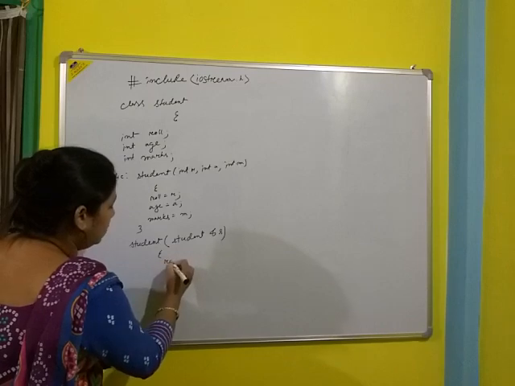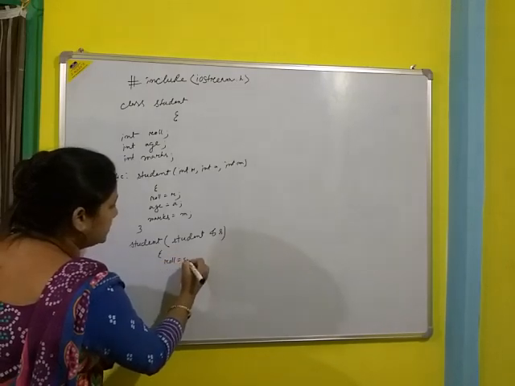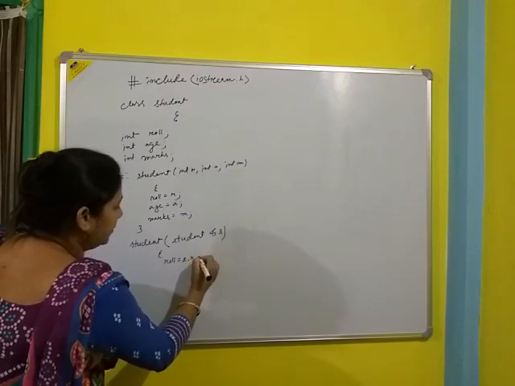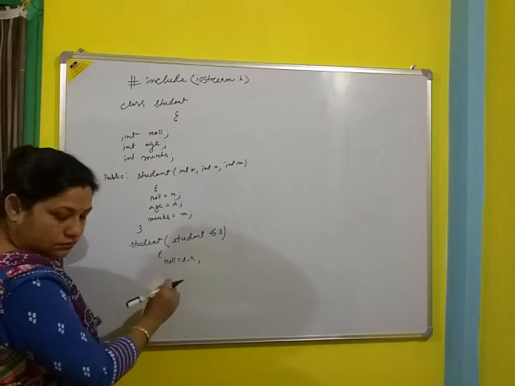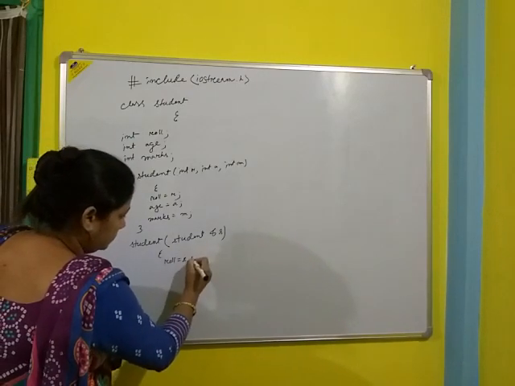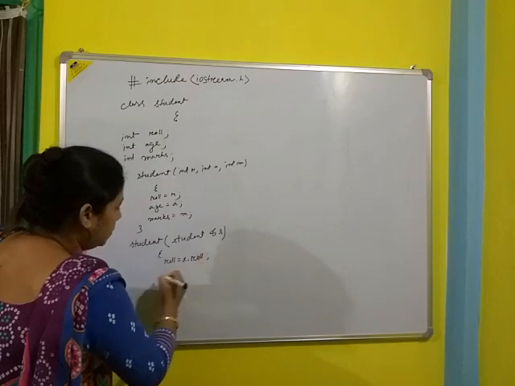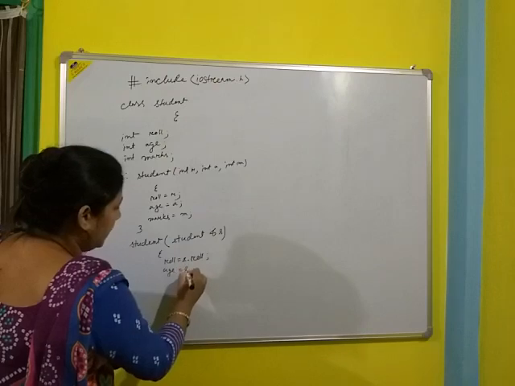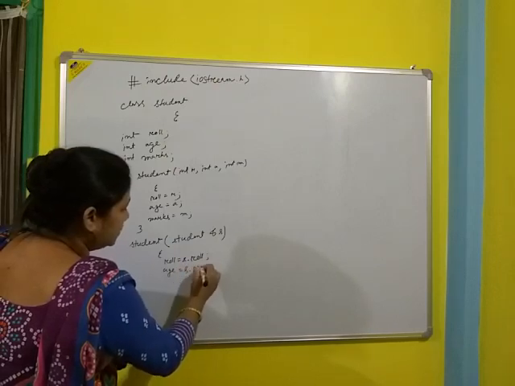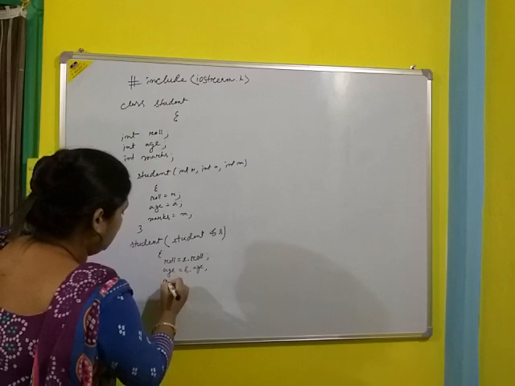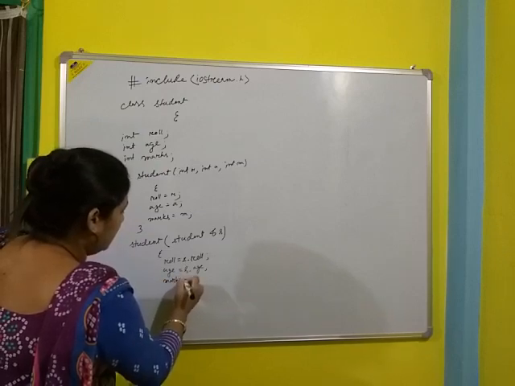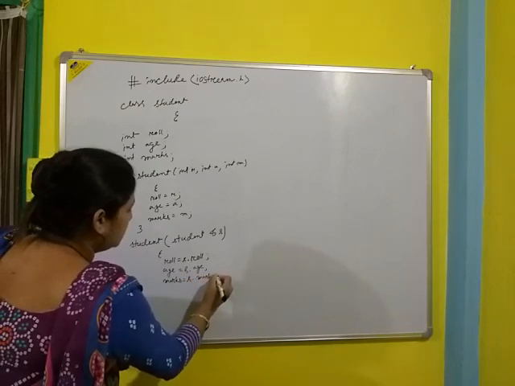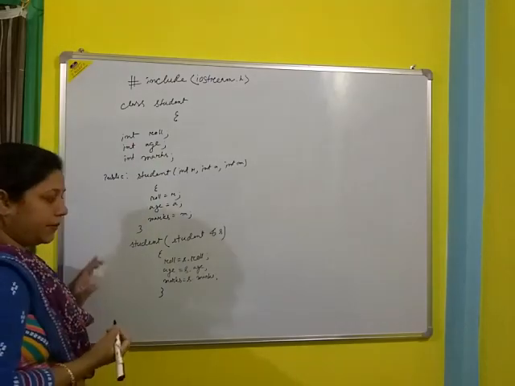Again I write roll equal to s dot roll. Again age equal to s dot age. Again marks equal to s dot marks. So this is the body of the copy constructor.